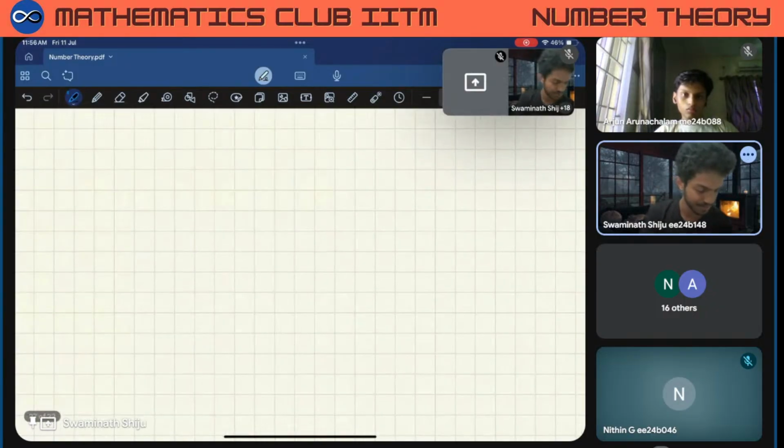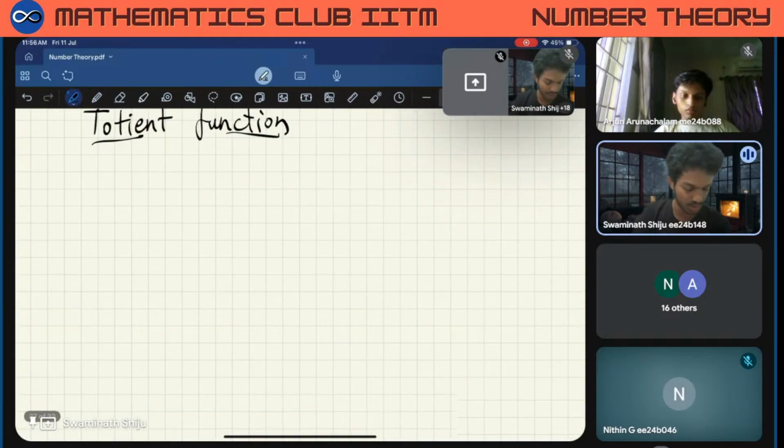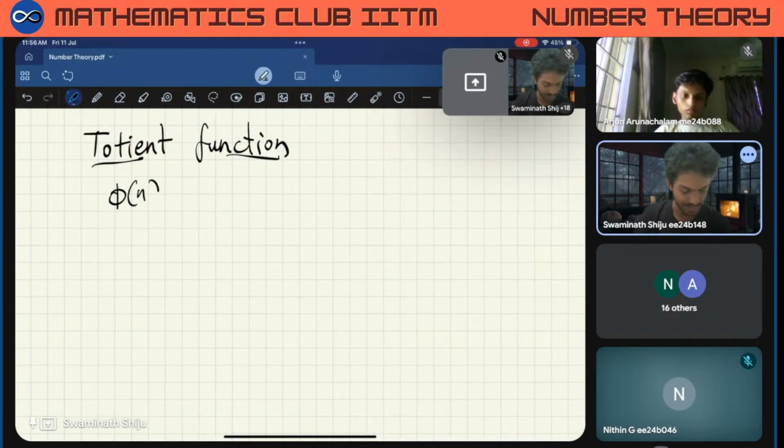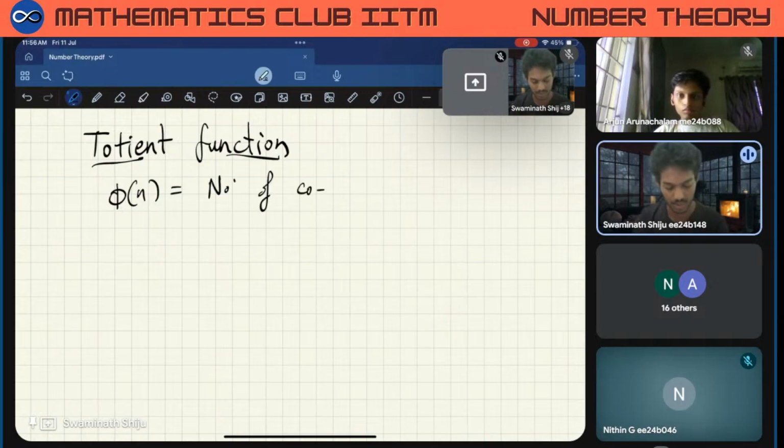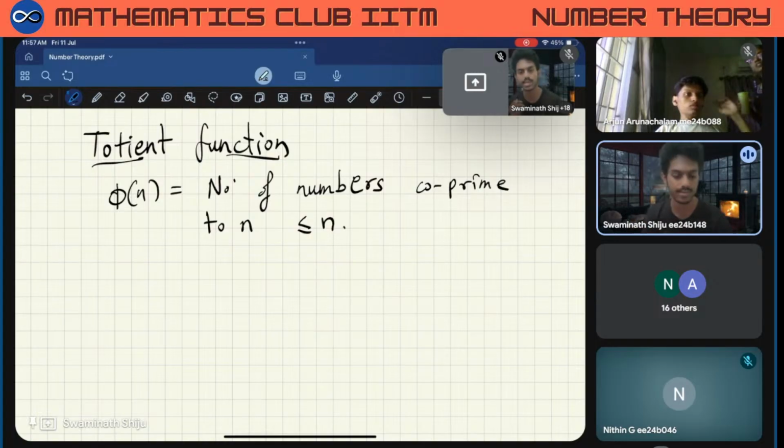Okay. Now we're going to look at the totient function. This is the Euler totient function phi of n, which is equal to the number of numbers coprime to n that are less than or equal to n. Okay, simple definition.